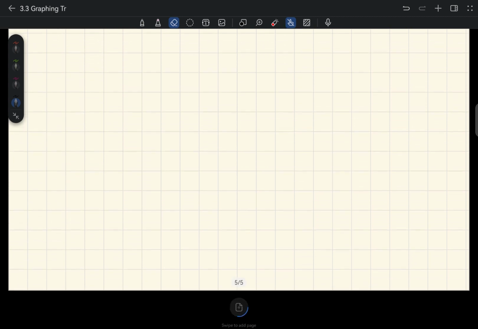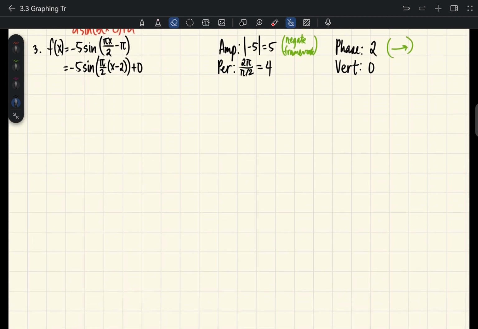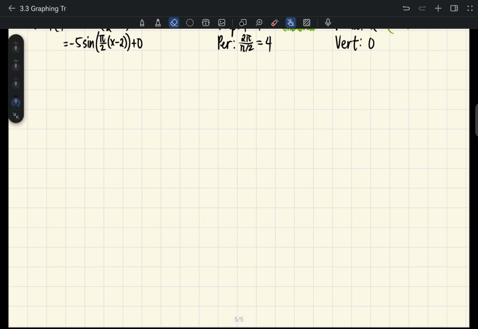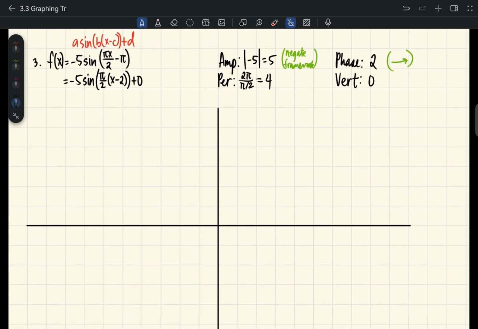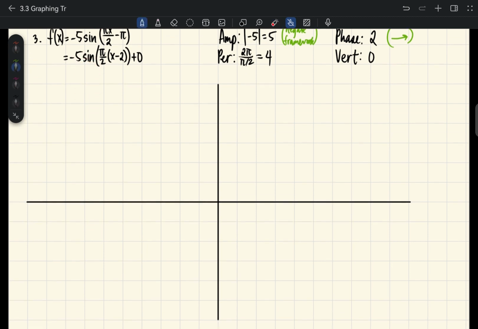So let's start with our graphing. How big should my canvas be? I guess this one's enough. Since we have your sine function here as your parent function, we're starting with 0, 0.